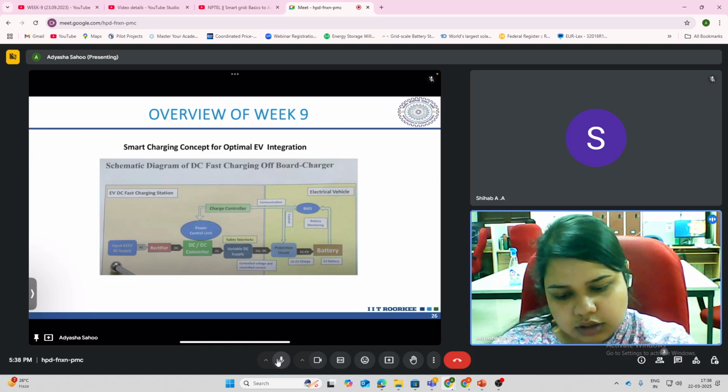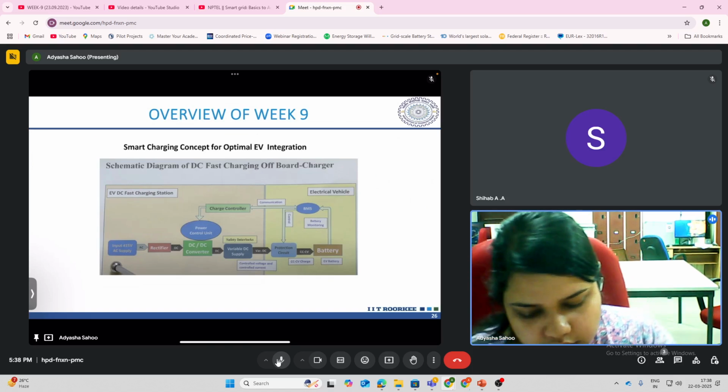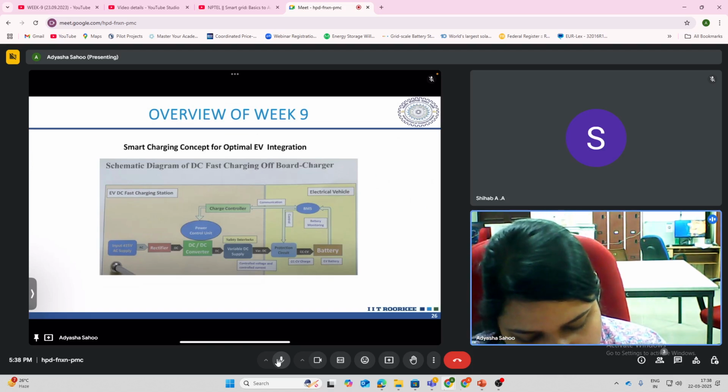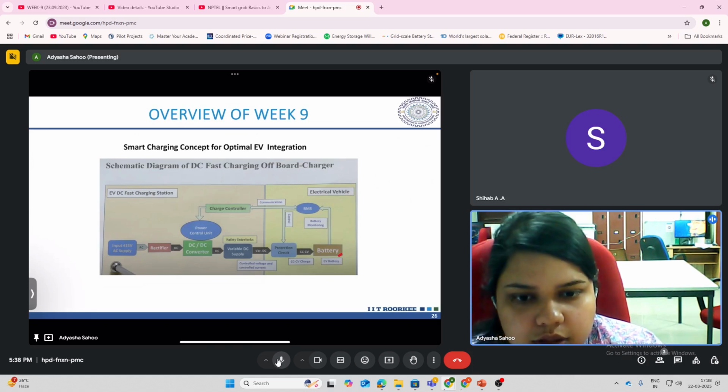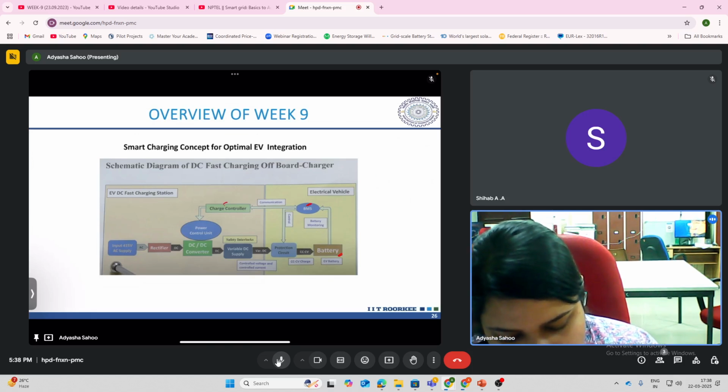So, the smart charging concept for optimal EV control. Here basically you have the EV battery. Then you have the BMS, the battery management system, and the battery management system is communicating with the charge controller.